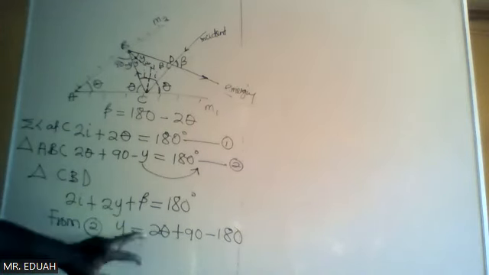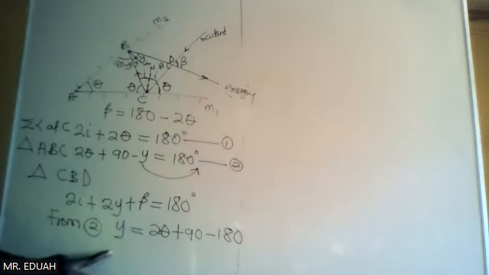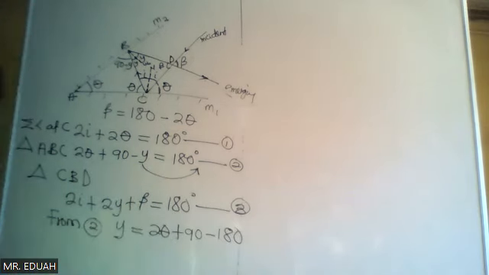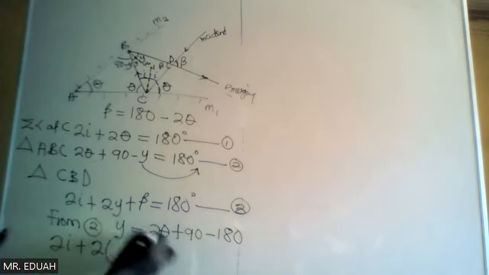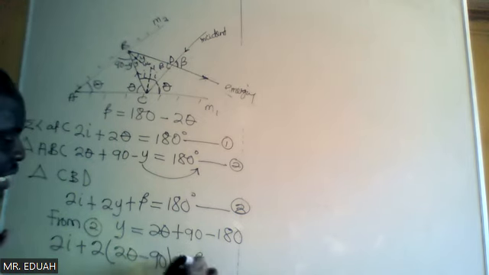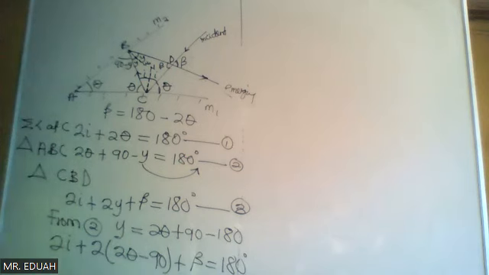Okay, so having made y the subject from equation 2, let's substitute it into equation 3. So 2i plus 2 times y, where y is equal to 2 theta minus 90, plus beta is equal to 180 degrees.